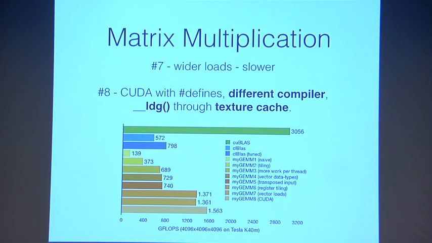So GPUs are for doing graphics as well. One of the things they do is texture mapping. Texture mapping is loading an image and then mapping it onto a triangle or some other shape onto the screen using these coordinates. If you load through the texture cache, which is a CUDA-only thing, and say, I want to read this as if it were texture, it says two things.